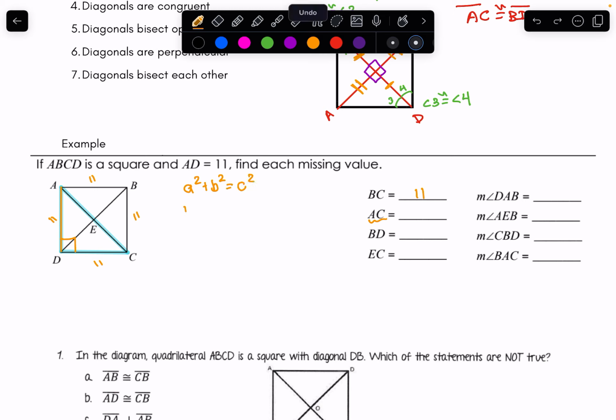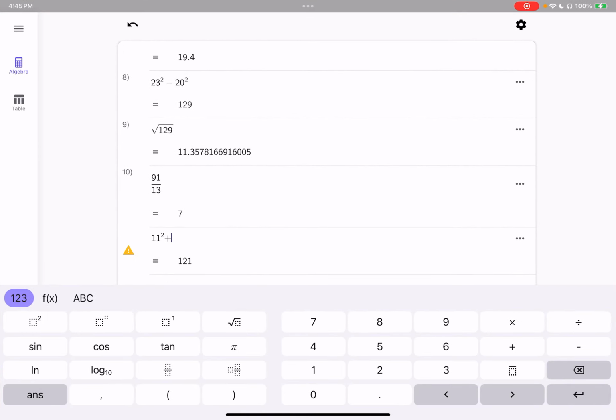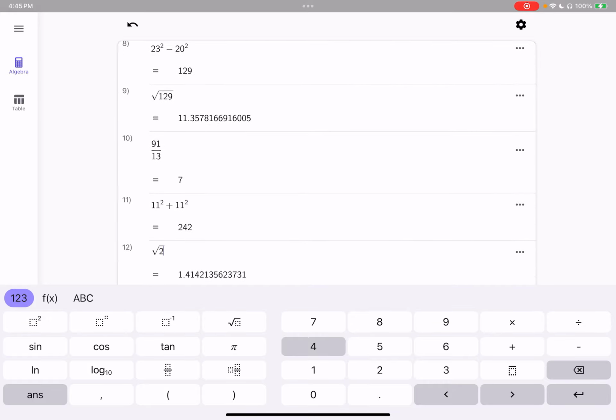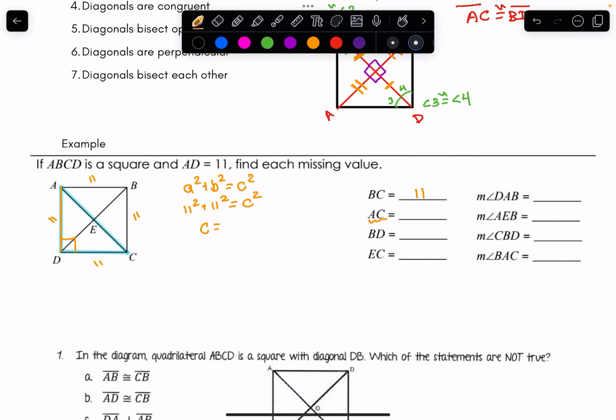So we're going to do 11 squared plus 11 squared is equal to c squared. So again, use your calculator. In this case, because we're solving for the hypotenuse, we're going to be adding. So we get the square root of 242, so c is equal to 11 radical 2. So AC is 11 radical 2.